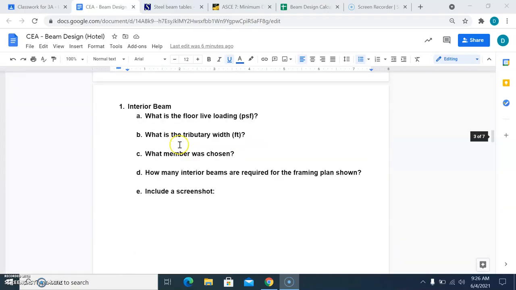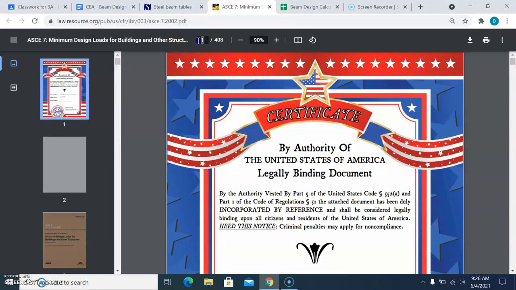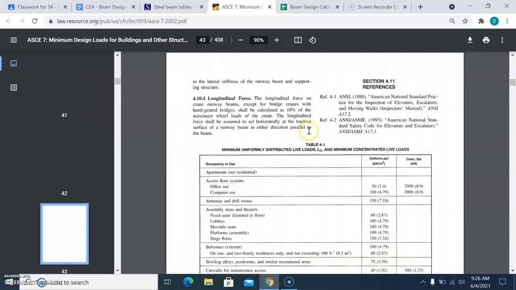That'll come into play in a little bit. So the first thing that we are going to do is we're going to look at the interior beam, and we need to figure out how the beam is loaded. And we know that the floor rests on the beam. I'll say that again. The floor is what rests on the beam. So the floor loading is the live load, and that's going to be from this chart over here. We have to go to page 43.